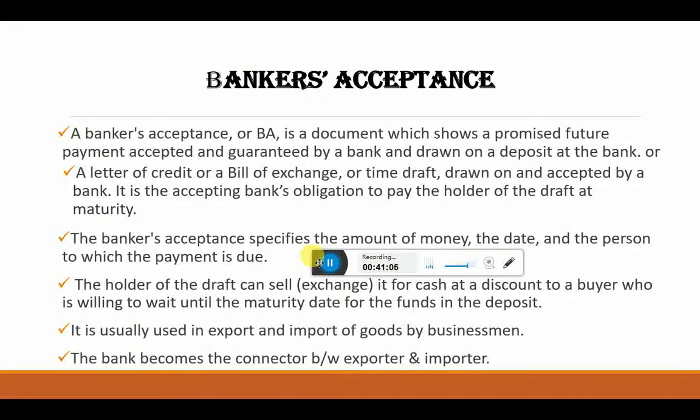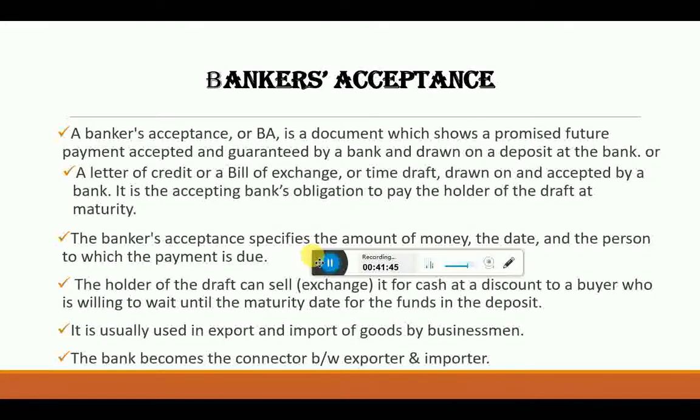So what happens is that the exporter's bank informs the exporter to release the goods, and the time period could be, for example, a number of days after which the goods will be received by me in Afghanistan. So when the goods are received, I inform my bank to release the funds, and my bank releases the funds to the exporter's bank, and the exporter's bank then pays the funds to the exporter, right.